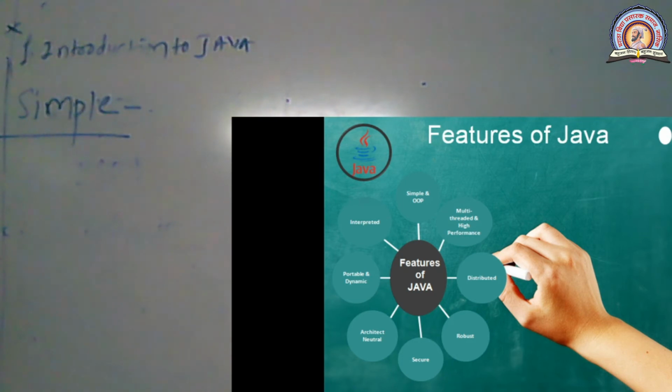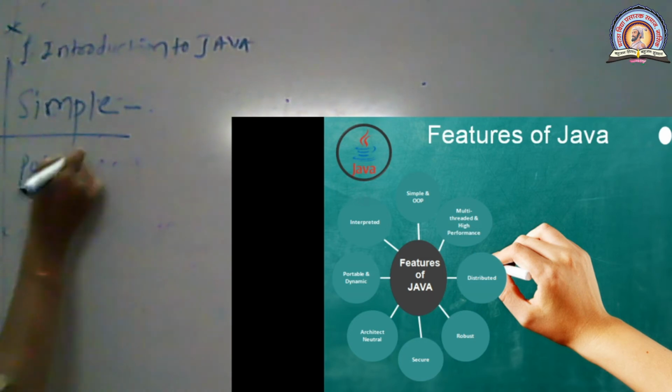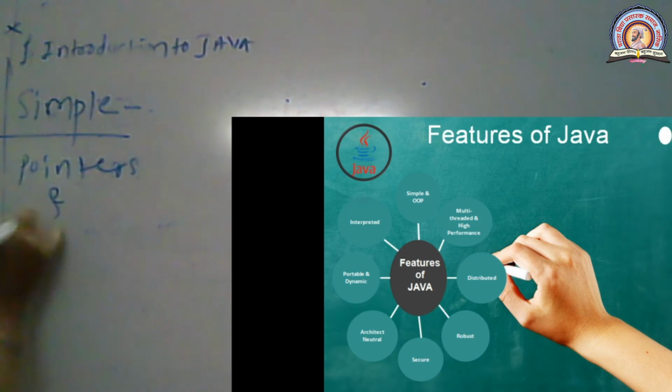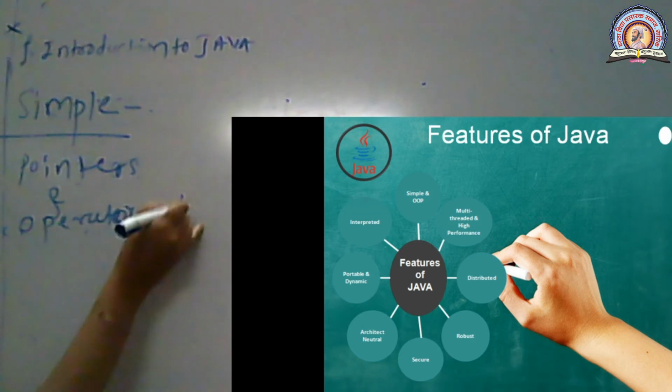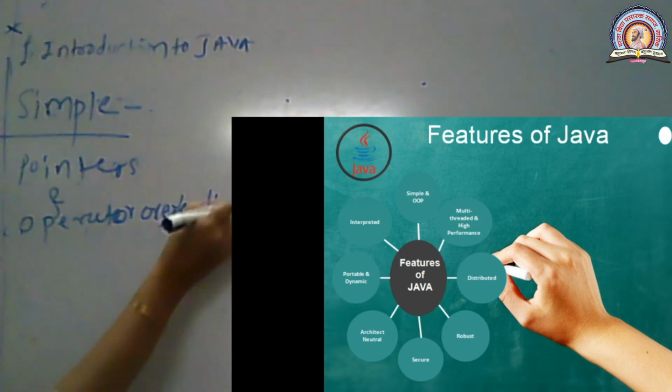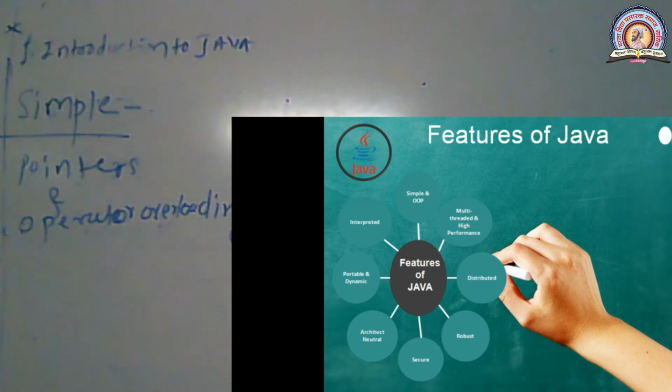Java programs are simple, as the complex concepts like pointers and operator overloading, which are supported by the C++ programming language, are avoided or omitted in Java. So that's why programs written in Java become what? The simple ones.